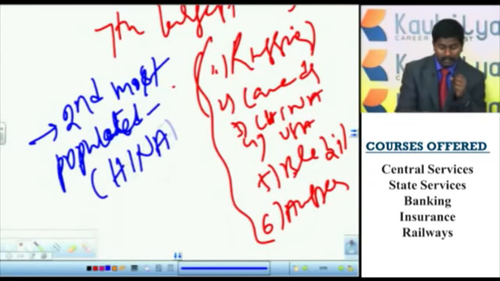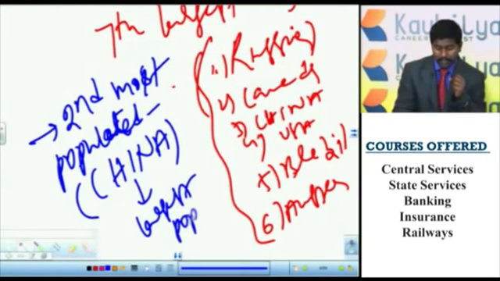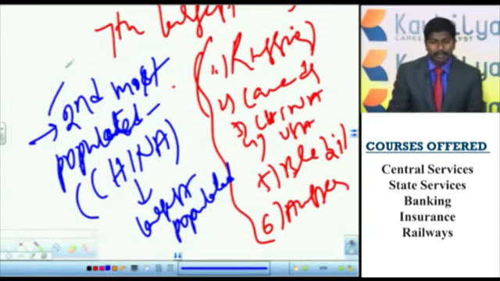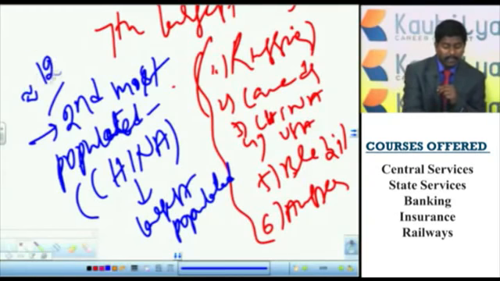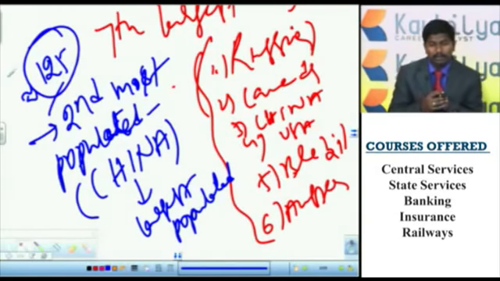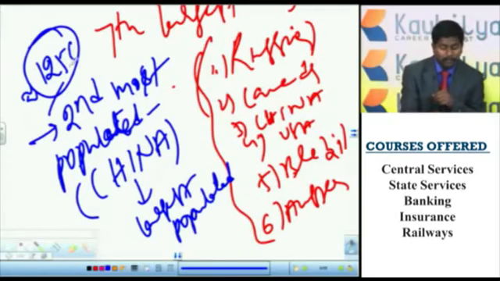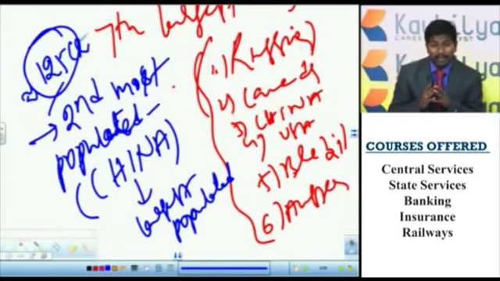After China, India is the second largest populated country, and according to the 2011 census, the present population of India is around 125 crores. With 125 crore population, India ranks second in the world in terms of population. Clear? So that is the geographical extent and the population size of India.